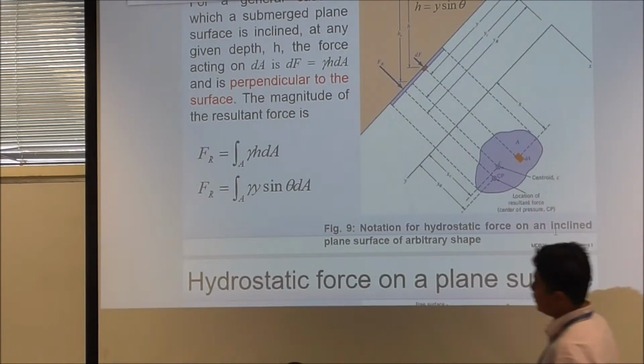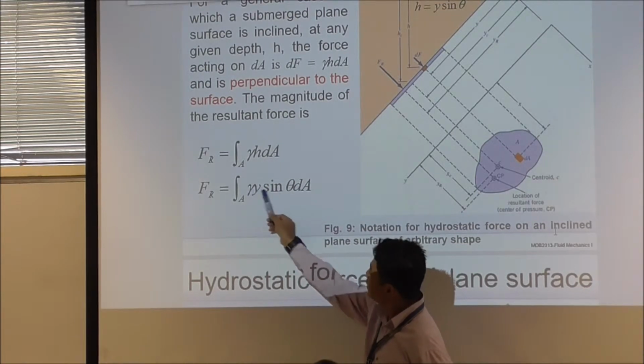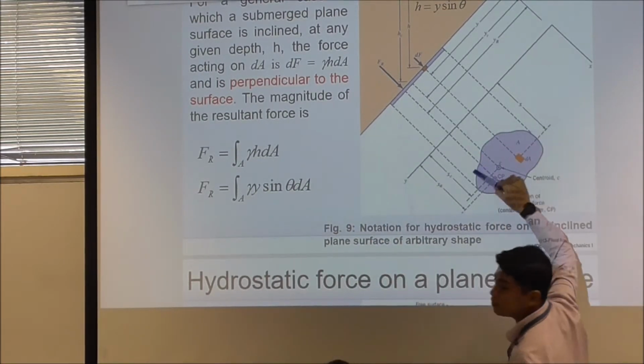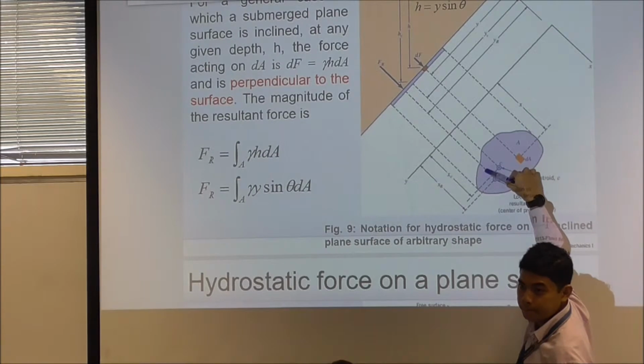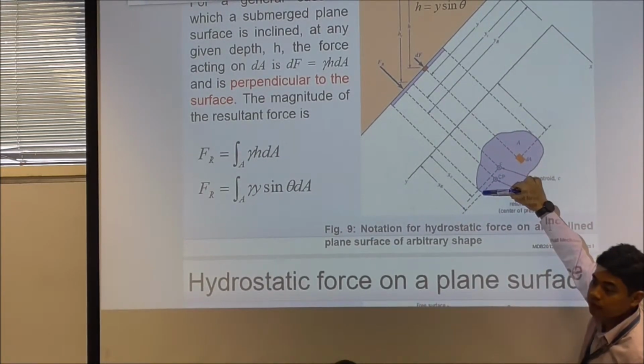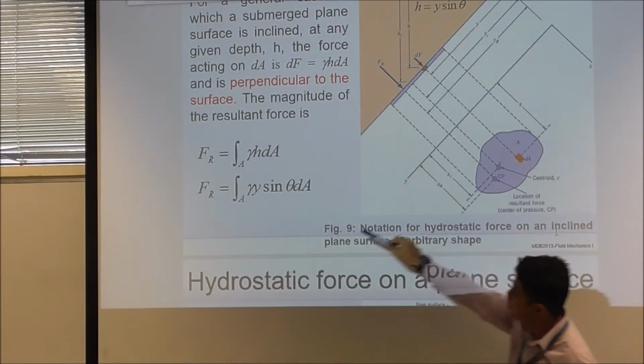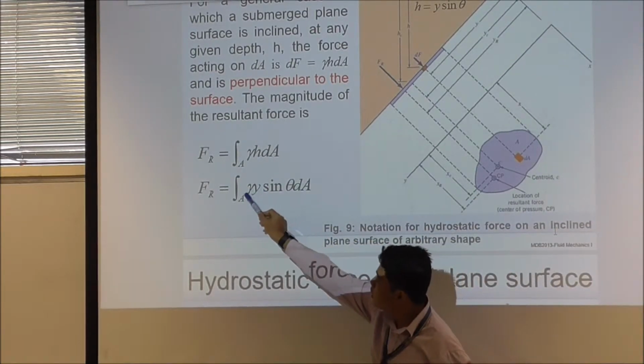You know why it is difficult? Because this is a function of the depth. Right? You see dA is moving from here to there. So when you change the depth, when you change the y, this one changes.